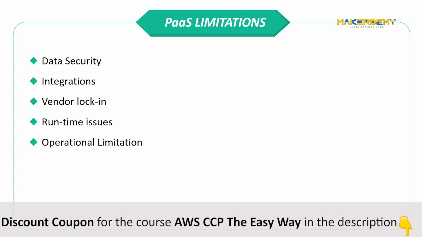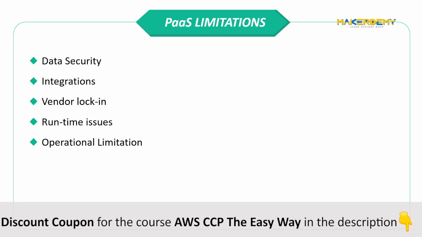Vendor lock-in. Business and technical requirements that drive decisions for a specific PaaS solution may not apply in the future. If the vendor has not provisioned convenient migration policies, switching to alternative PaaS options may not be possible without affecting the business. Runtime issues.